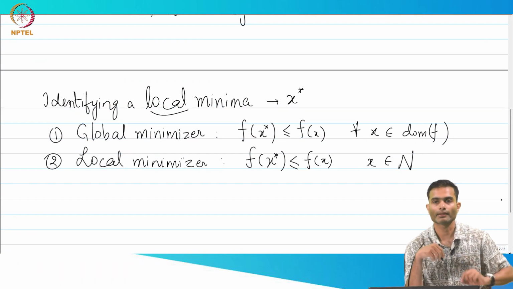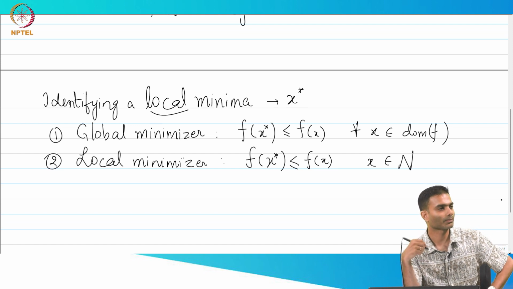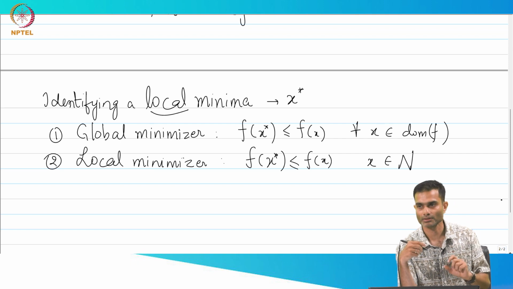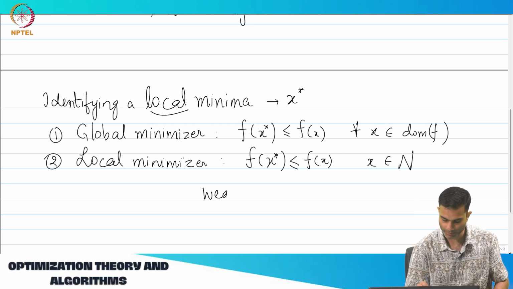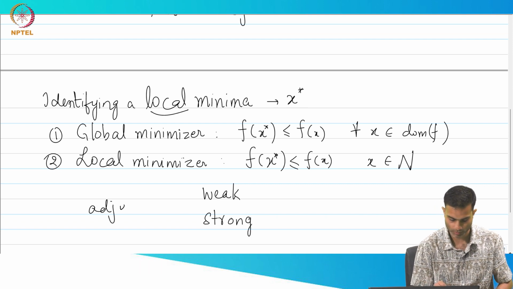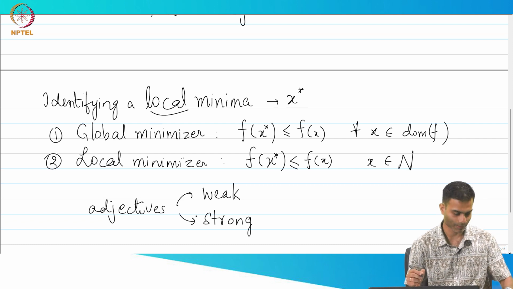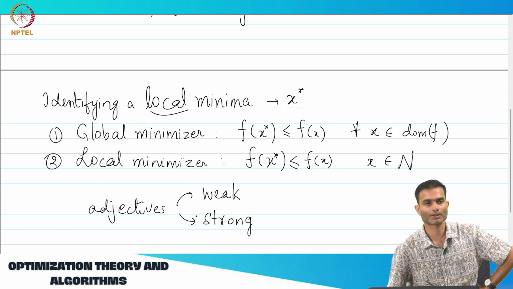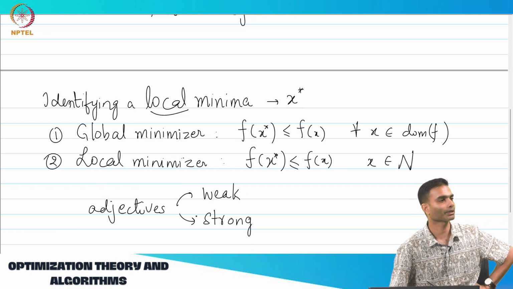You will find in the literature when people talk about minimizers, they add one more adjective. They may not just call it a minimizer. They may call it a weak minimizer or a strong minimizer. So these are the adjectives. These words are fairly self-explanatory. So if you were in charge of definitions, weak would mean what?